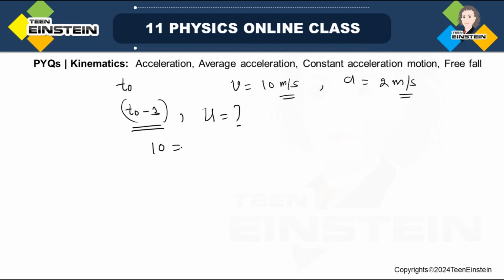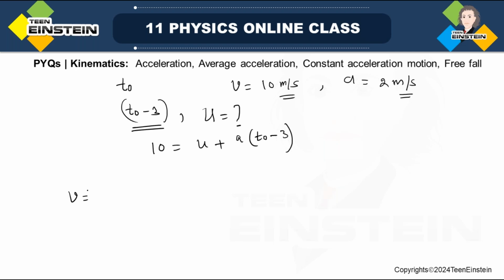So 10 is equal to u plus a into t0 minus this. For that we have to do one more thing.